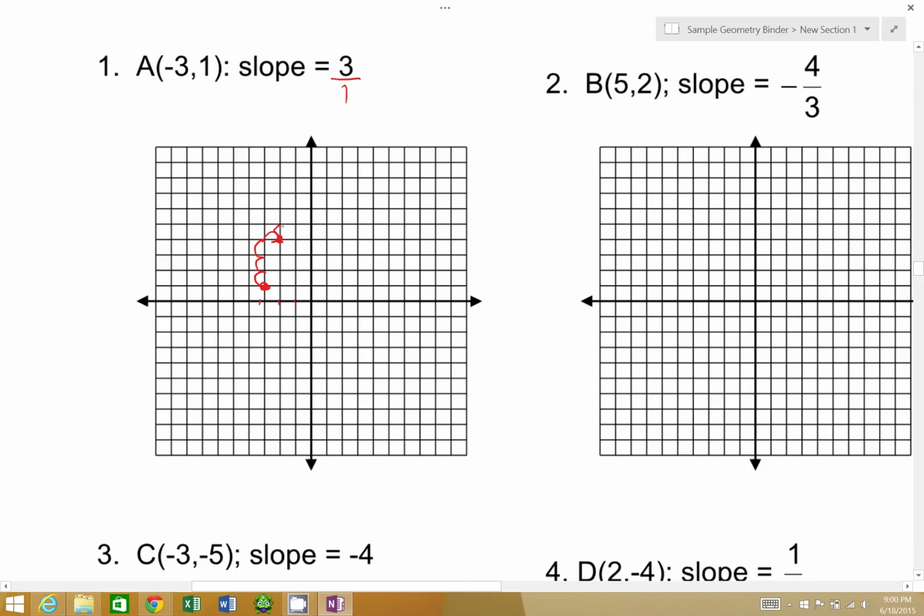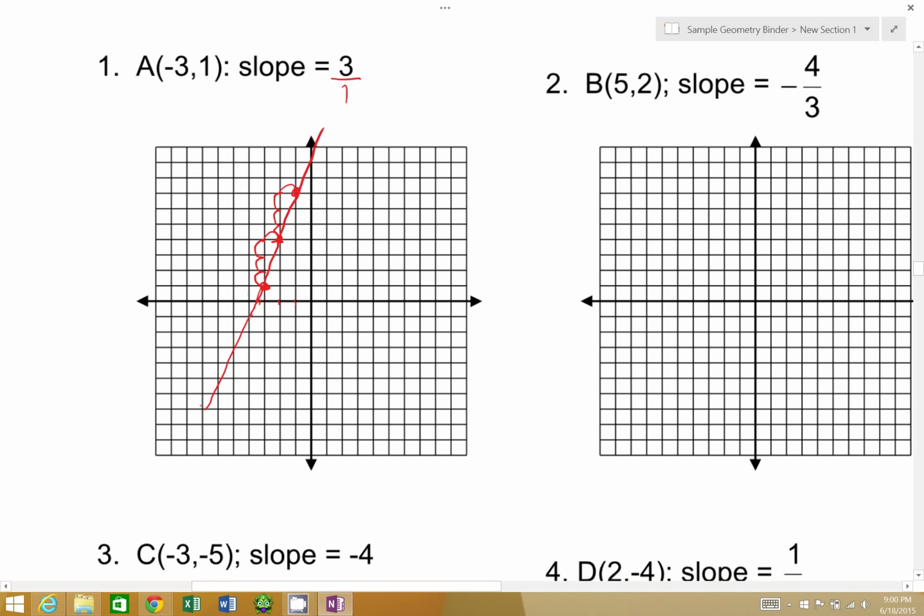Up 3 and over 1. I can do this as many or as little times as I want. I normally like to do it twice so then I can put a ruler, a straight piece of paper down, or just draw my line through more easily. So now, voila, I have drawn my line, and that line is that line going through that point with that slope.